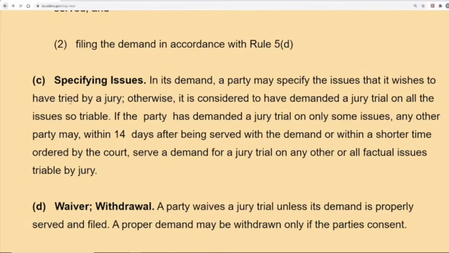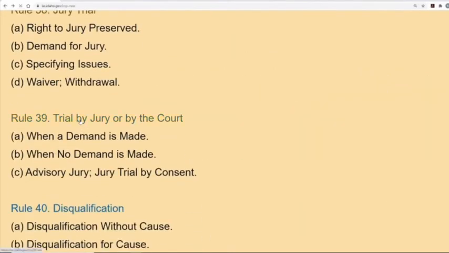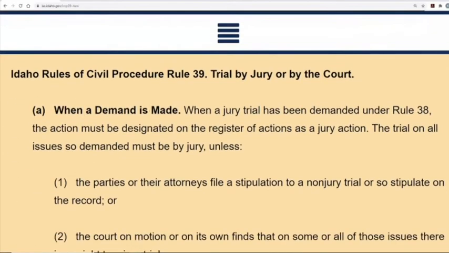And we get into 39. When a demand is made for a trial by jury, the action must be designated on the register of actions as a jury action.